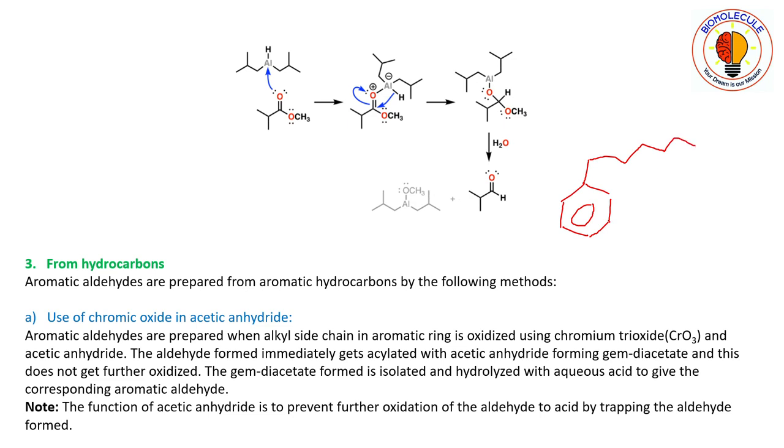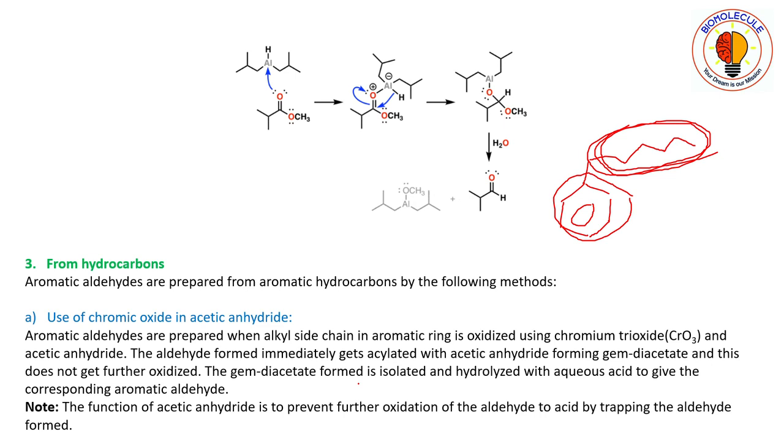Now let us look at this example. Alkyl side chain in aromatic ring. So this is an aromatic ring and this portion is the alkyl side chain. When the alkyl side chain in an aromatic ring is oxidized using chromium trioxide and acetic anhydride, we get aromatic aldehydes.